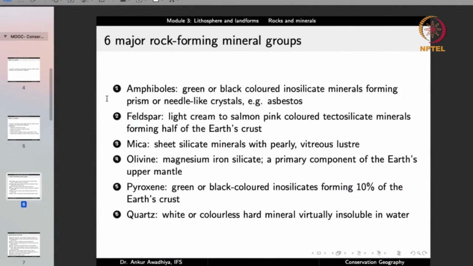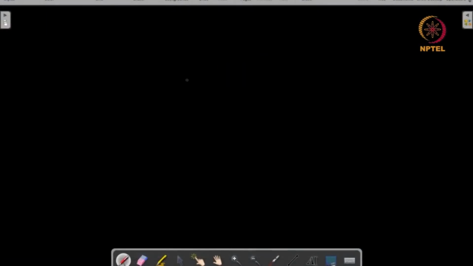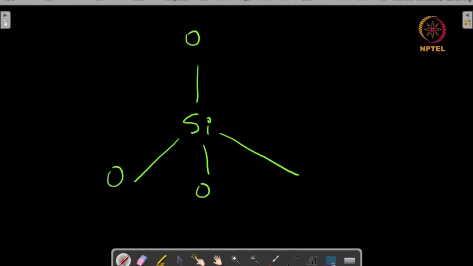The first is amphiboles. Amphiboles are green or black colored inosilicate minerals. Now inosilicate means that in these minerals you have a silicon atom that is surrounded by oxygen atoms. So this is silicate, SiO4.